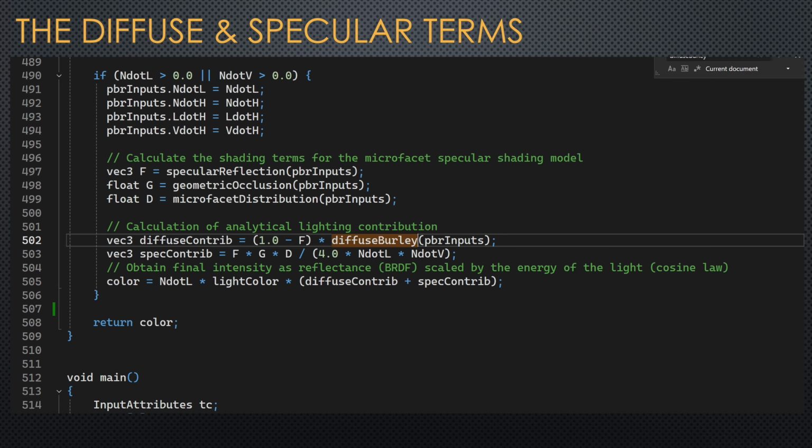The specular contribution is the classic Cook-Torrance microfacet specular BRDF, which we saw in the previous video, so we will skip this one as well. The final calculation is also the same as the previous tutorial. We combine the diffuse and specular contributions together, multiply it by the color of light, and adjust it based on the angle of incidence.